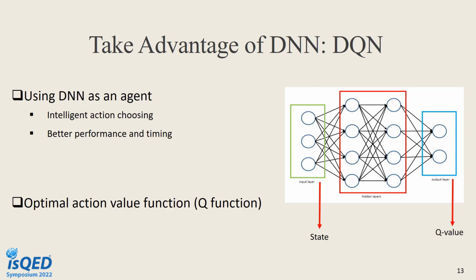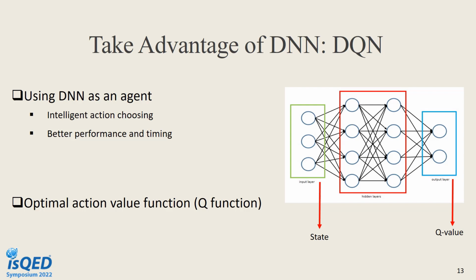Here we want to take advantage of a deep neural network for our placement method. When reinforcement learning uses a deep neural network it is called DQN, and we use a deep neural network as our agent. When we train it to take the best action, the agent takes actions intelligently, so it can improve performance and take the best action in a shorter time.